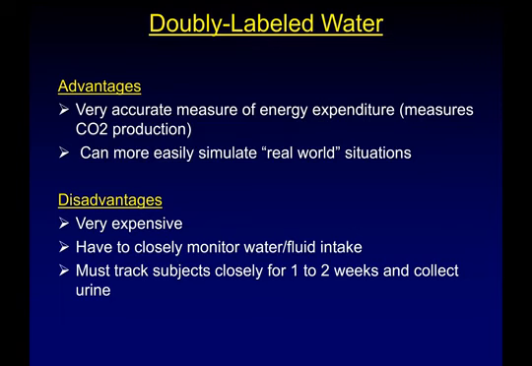That tells us about your metabolism, and we can calculate energy expenditure from doing all of this. And we have to closely monitor fluid intake, fluid output, and we got to track you for a couple of weeks. So there were some studies when I was a grad student that did this, and it cost about $100 a person to get the doubly labeled water that we would use for the 2 weeks.